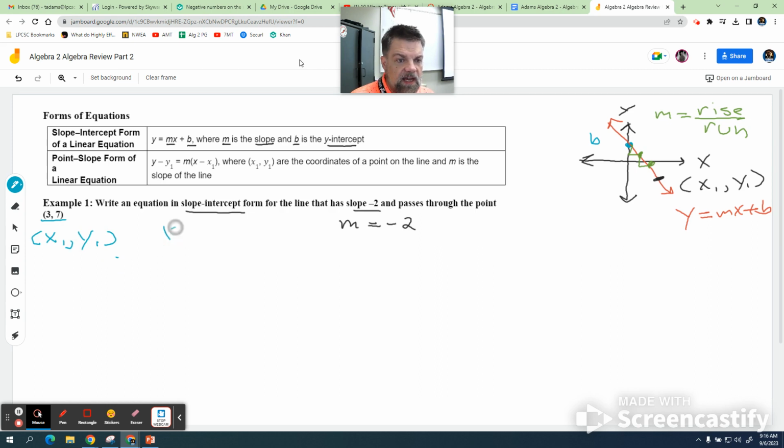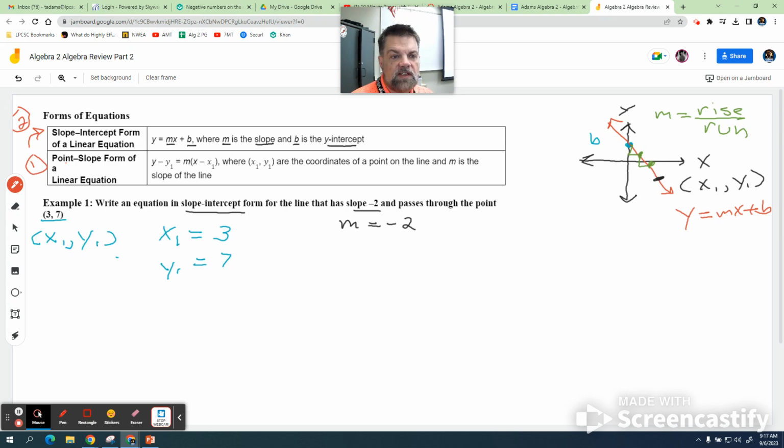In other words, x sub 1 equals 3, and y sub 1 equals 7. So in order to write this in slope-intercept form, we really got to start with the point-slope form, and then we got to solve for the y-intercept form. So those are the steps, step 1 and 2.